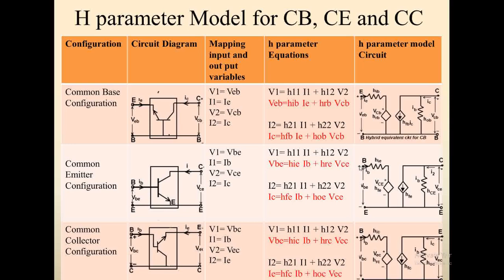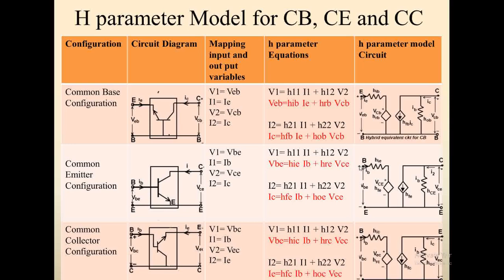These equations are modeled by using the equivalent circuit where the HIB is followed by a dependent voltage source HRB VCB. Similarly, at the output circuit, we are following the Norton's model. HFB IE is the dependent current source followed by an output admittance HOB.